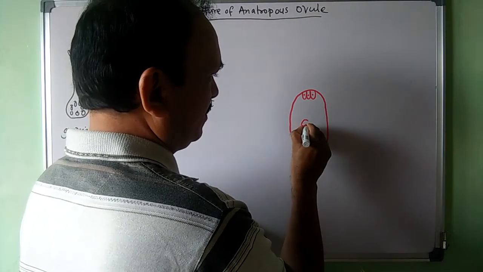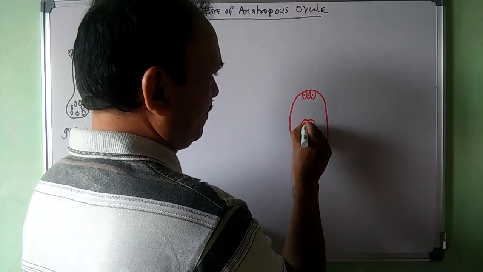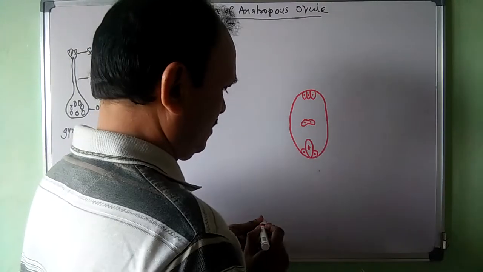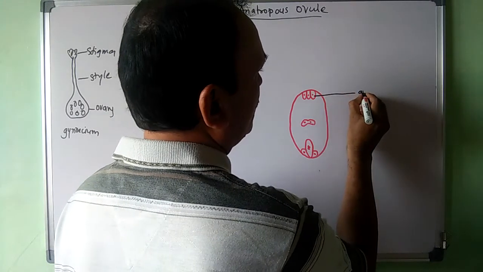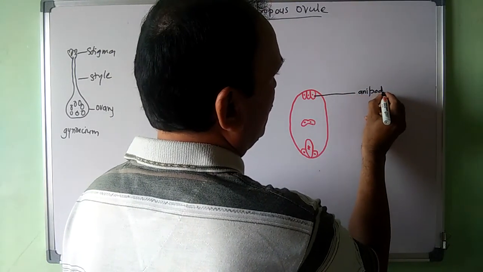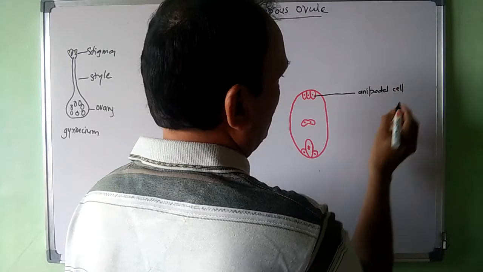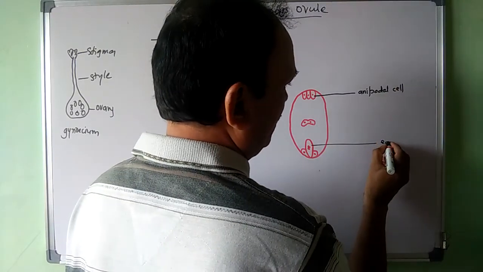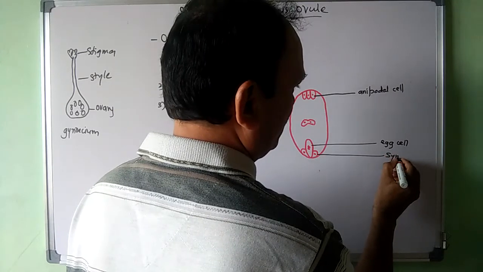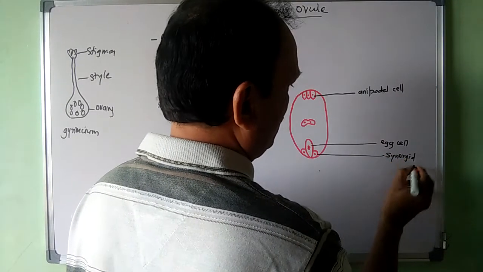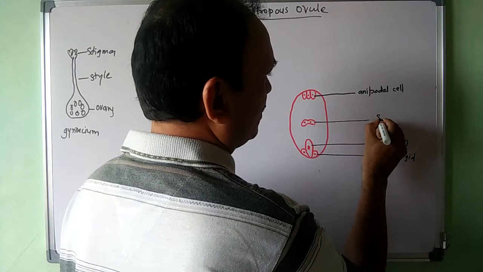In the center, the secondary nucleus. This is the antipodal cell, this is the egg cell, this is a synergid, and this is the secondary nucleus.